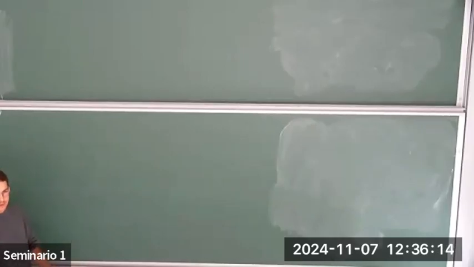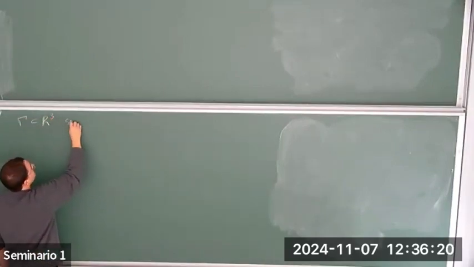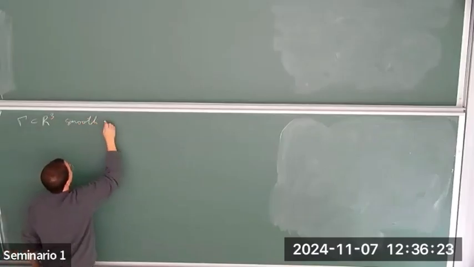To begin with, let's recall the setting for the plateau problem. We have gamma, some smooth closed curve in our fluid.